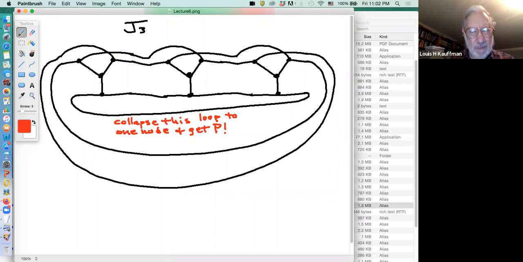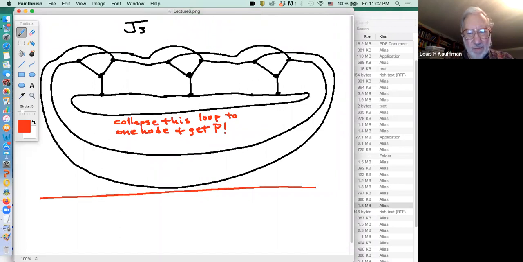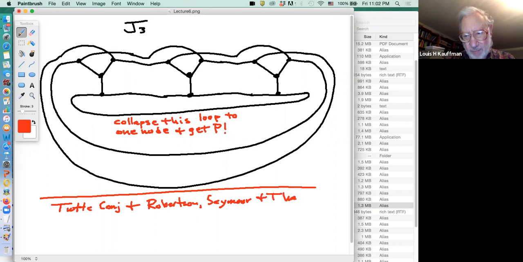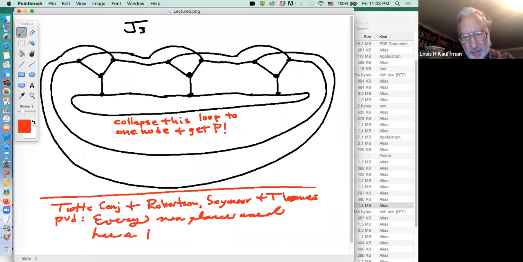It is Peterson. And that's an example of what Tutte conjectured and Robertson, Seymour, and Thomas proved: that every non-planar uncolorable graph has a Peterson minor.